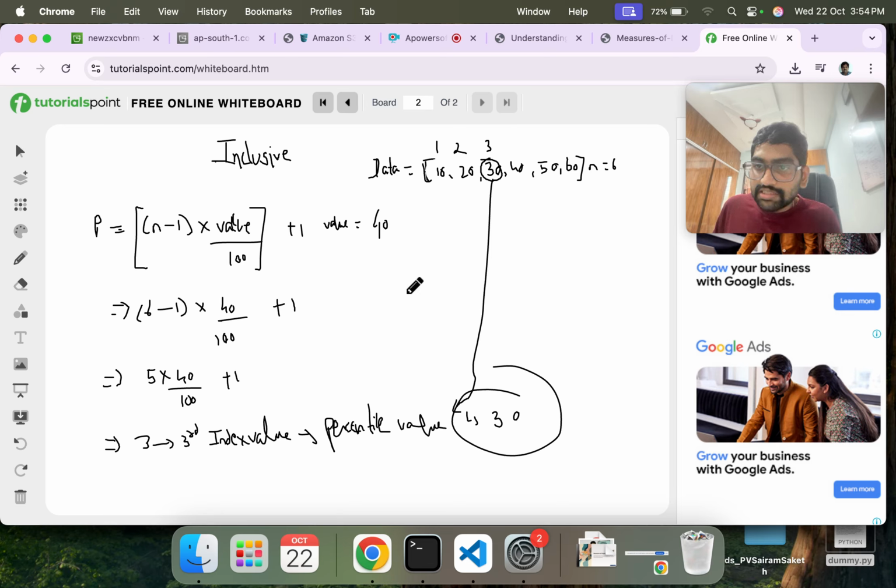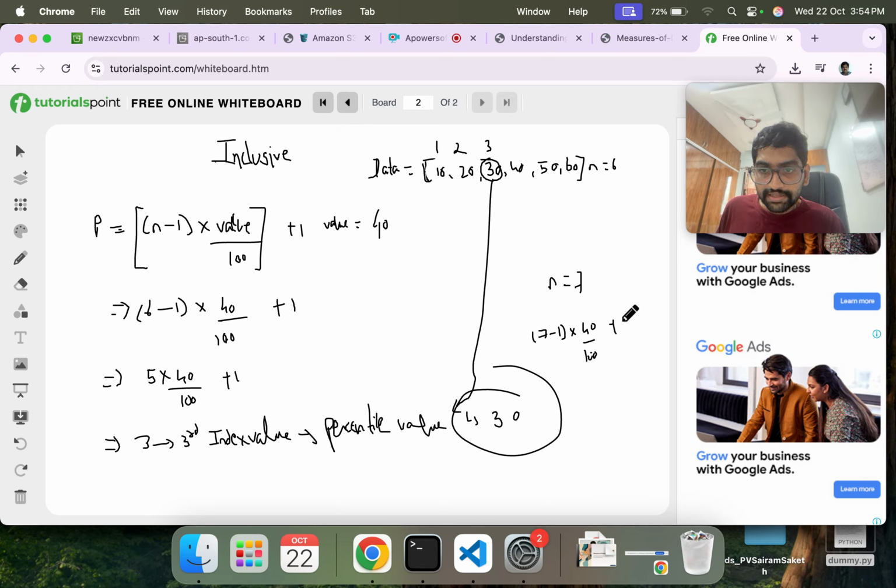Okay, so like this, the calculations of inclusive and exclusive work. And if you get the p value in decimal, let's say 2.8, you will directly take the ceil value and you will get 3. So like this the inclusive approach works. Let's say now I take n is equal to 7. Then I will take 7 minus 1 into 40 by 100 plus 1.